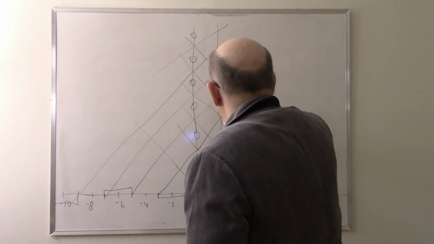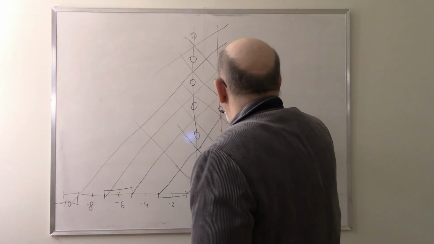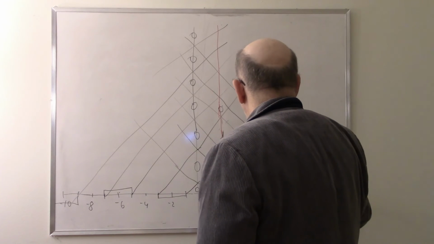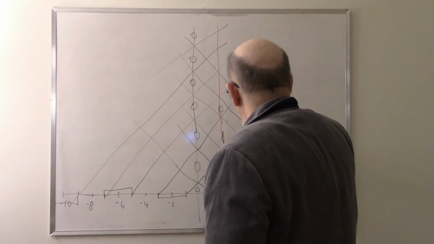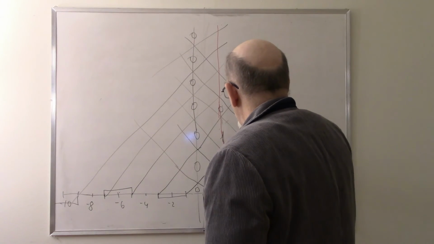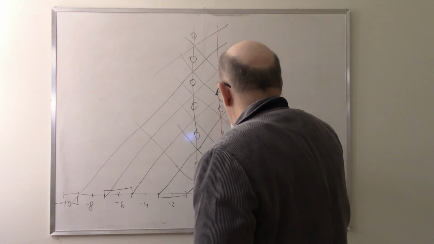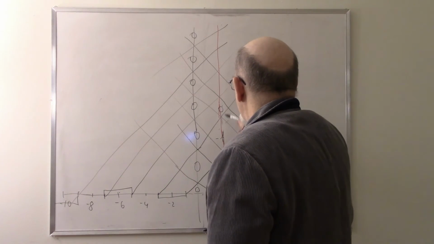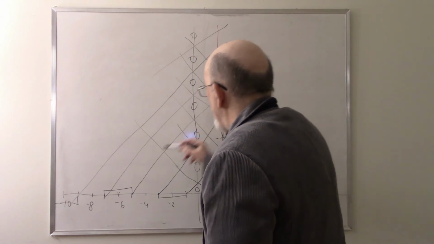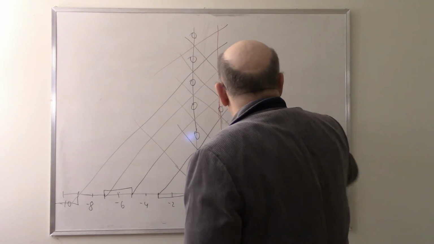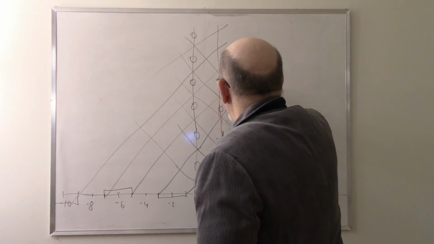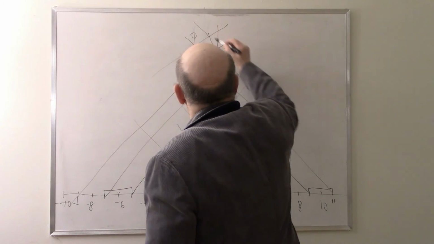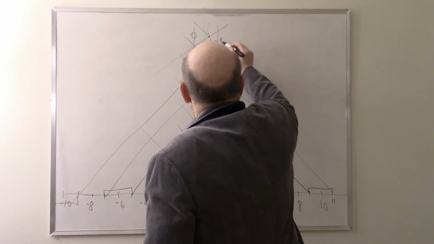Here it is 0. Here, just a minute. No, one moment. Here it is minus 1. Here it is 0. And here it is 1 here and 1 here. So it is 1. 0, minus 1, now you see the pattern.